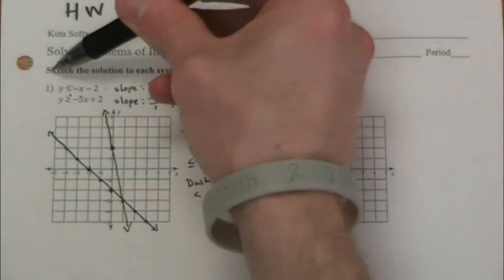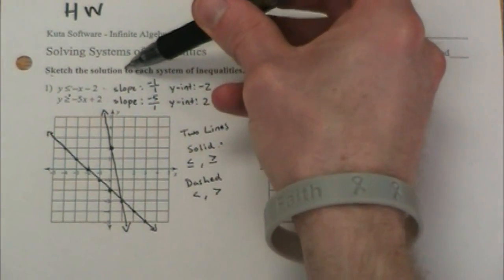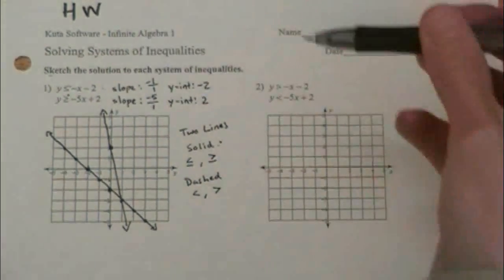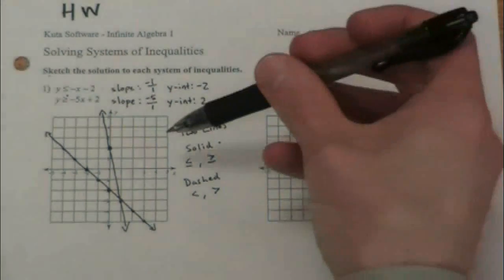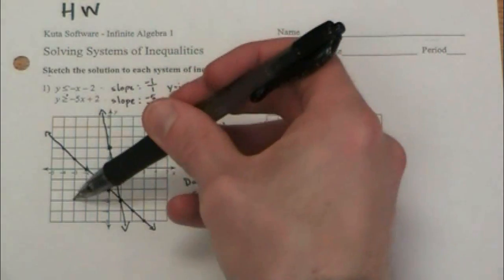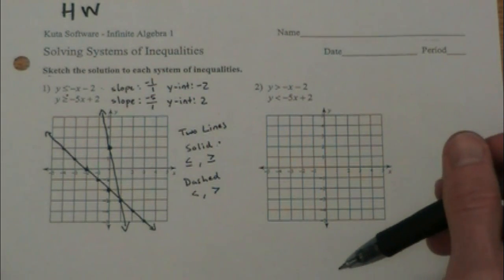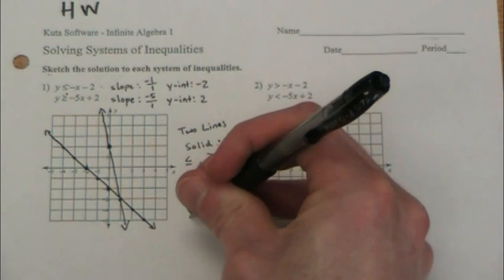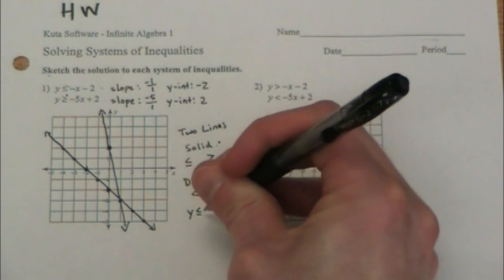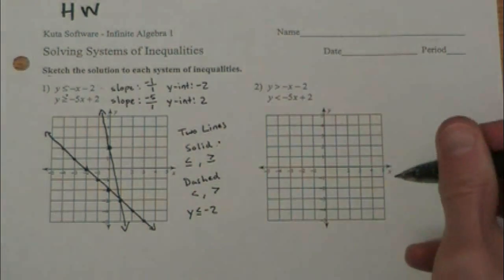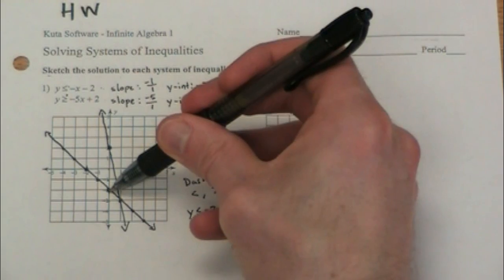Now, with this, we have to sketch the solution. Since we have two lines, we have to sketch each solution to both lines. We have 4 regions to choose from for our solution. So what we're going to do is use the y-intercept to help us here. So y is less than or equal to negative 2.